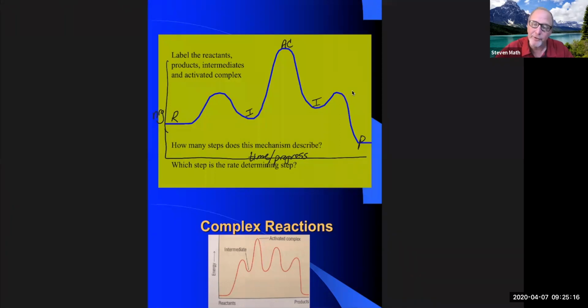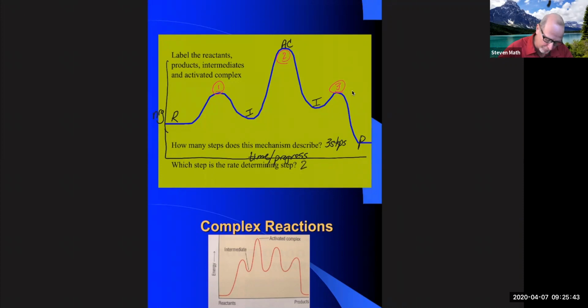How many steps does this mechanism describe? Well, 1 step, 2 step, 3 step. Plain and simple. This reaction involves 3 steps. So we would have three elementary reactions given to us. And then it says, which step is the rate determining step?